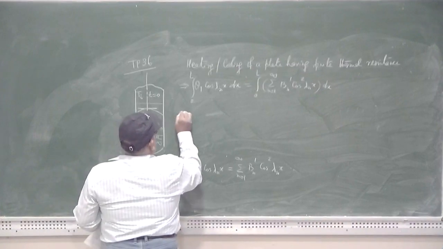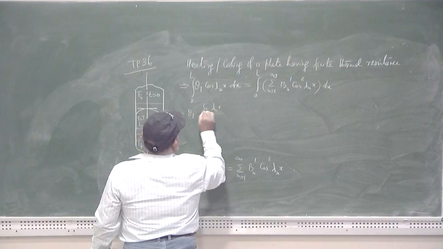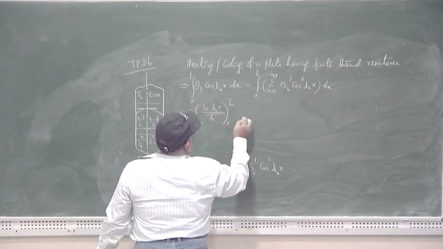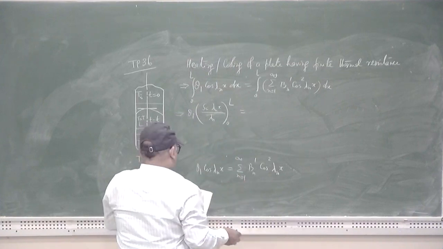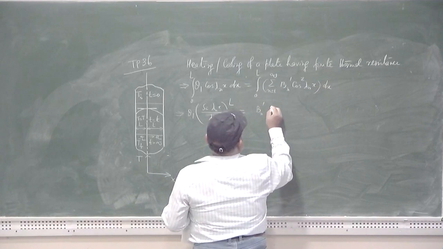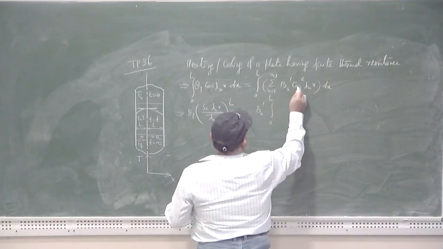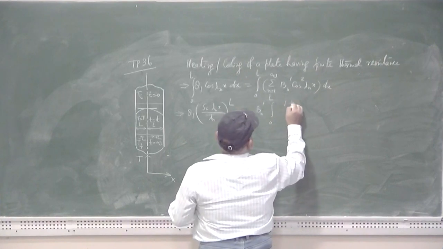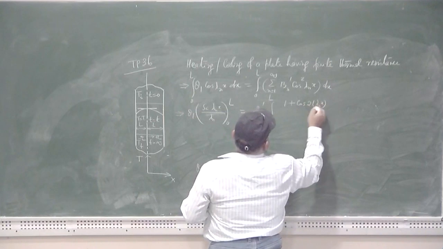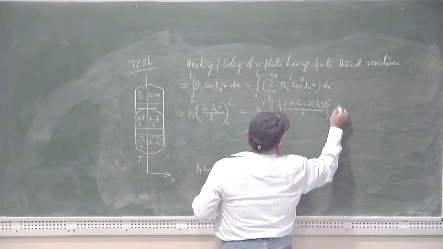Or theta 1 into sin lambda nx by lambda n from 0 to L should be equal to, keeping bn dash outside, integration 0 to L cos square lambda nx, that is equal to 1 plus cos 2 lambda nx divided by 2 into dx.